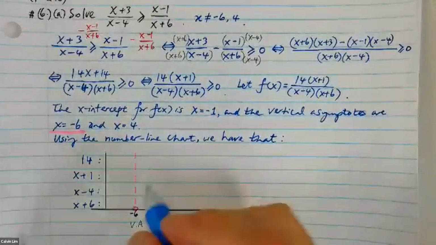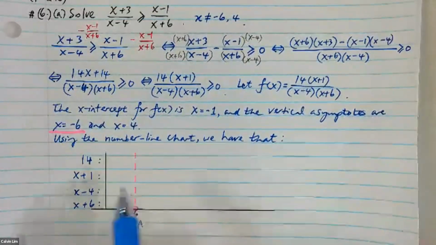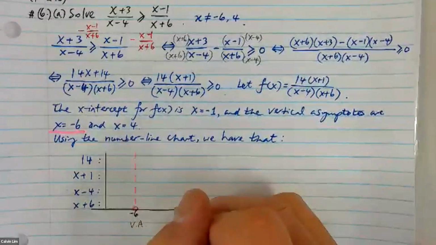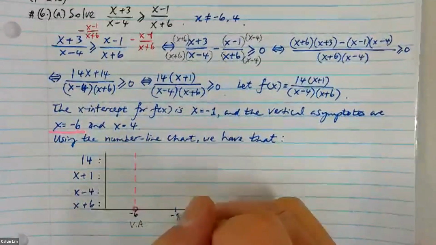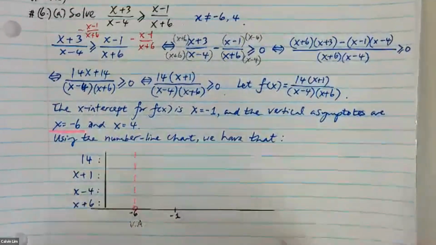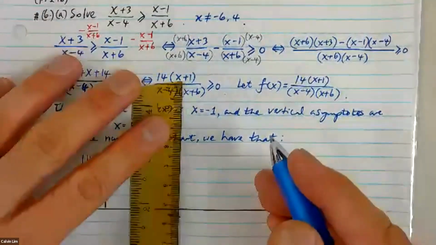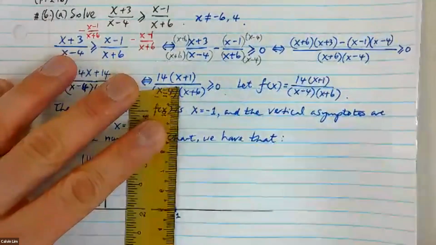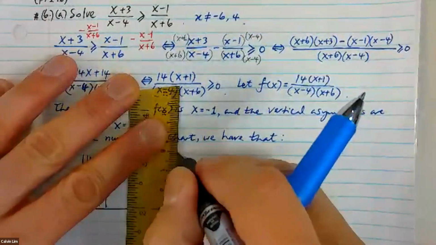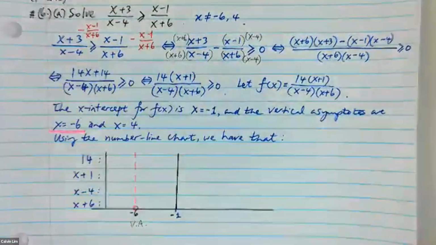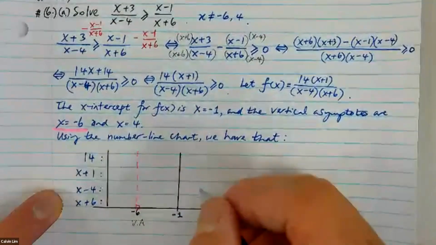The next number to the right of -6 is -1. Is this a vertical asymptote or an x-intercept? It's an x-intercept, so I can use a solid line. The final zero is 4.